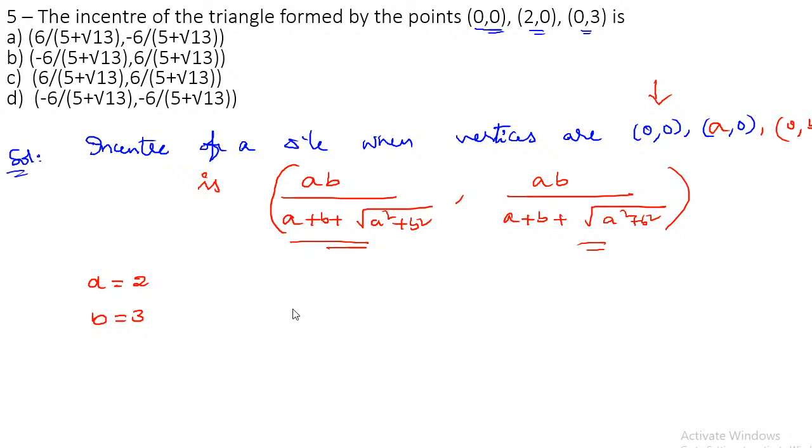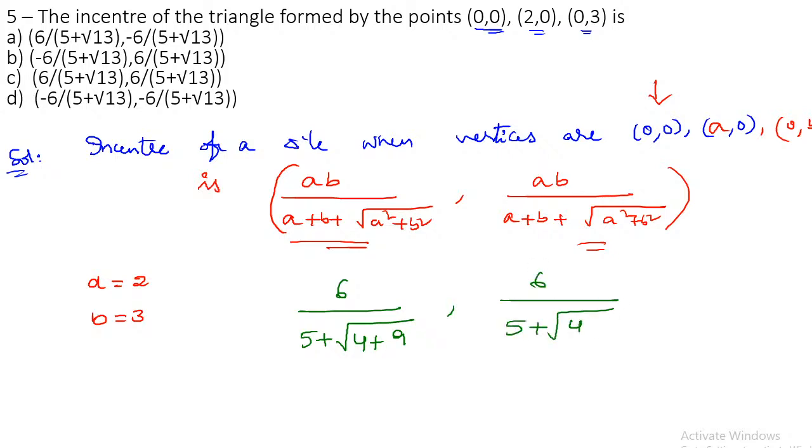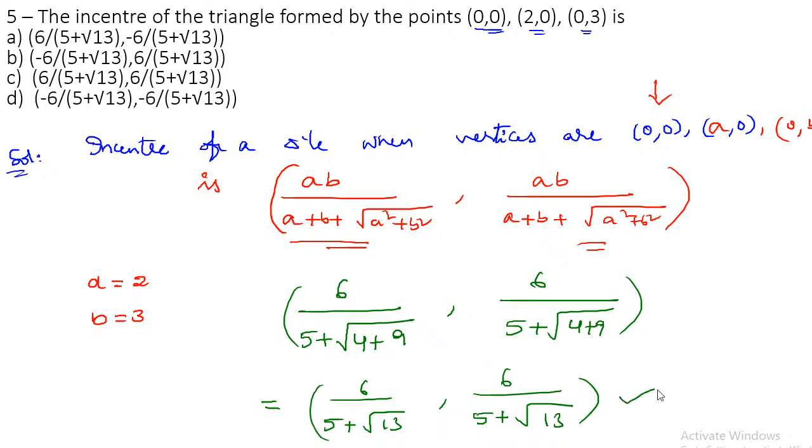Now a into b is 6 by a plus b, 5 plus root of a square, 4 plus 9, comma, 6 by 5 plus root of 4 plus 9, which is equal to (6 by (5 plus root 13), 6 by (5 plus root 13)). So the correct option is option C.